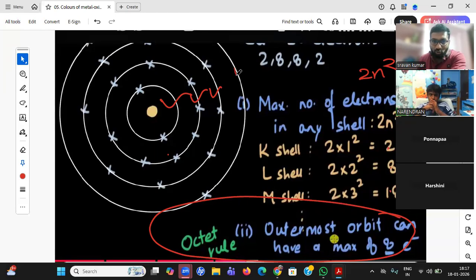But as this is an outer shell, a valence shell, if you are getting more than 8, you should not take it. Only 8 electrons it will accommodate. The outermost orbit can only take 8. Understood now?